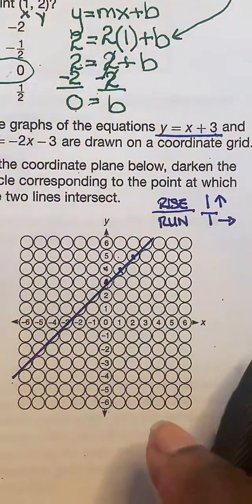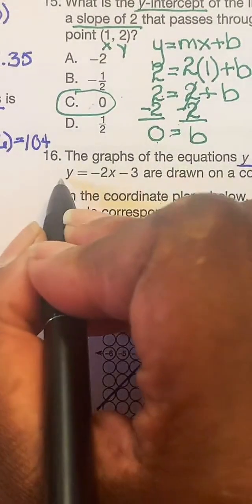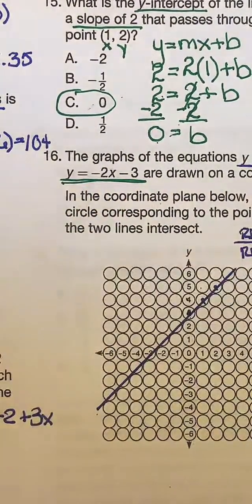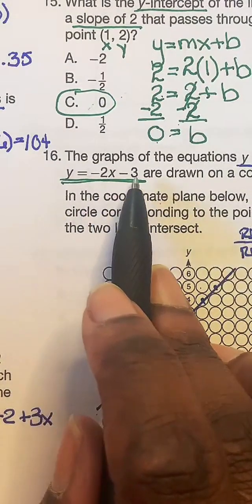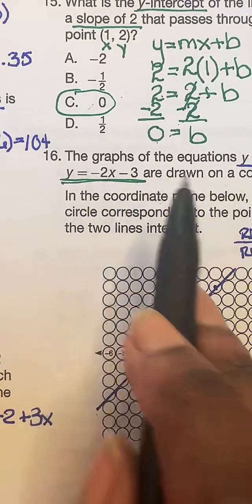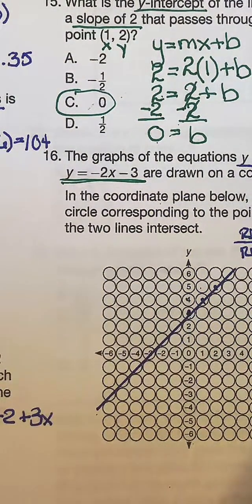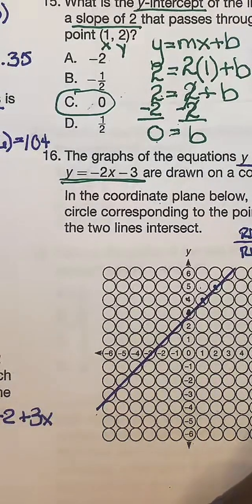So now I want to do the graph of the second equation on the same grid. So I have y equals negative 2x minus 3. Where would I start on the y-axis? Put it in the chat, because I want to make sure you guys are with me.